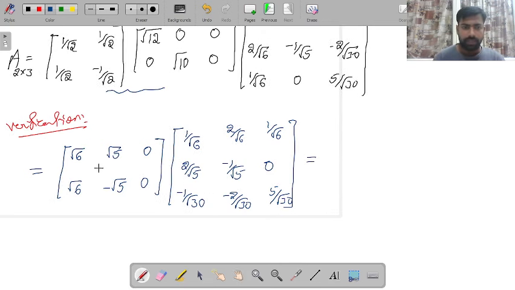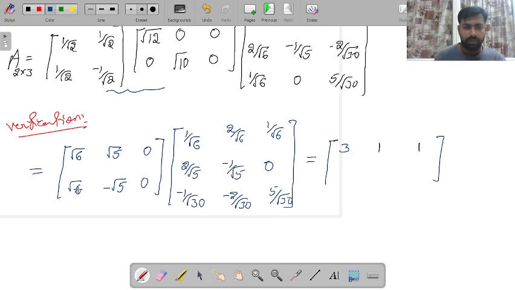So when you multiply, let me write the first row. Root 6 times the first row here, plus root 5 times the second row here, plus 0 times the third row. So for the entries in the first row, you just need to add 1 plus 2 plus 0, that is 3. 2 minus 1 plus 0, that is 1. 1 plus 0 plus 5, that is 1. So that is the first row.